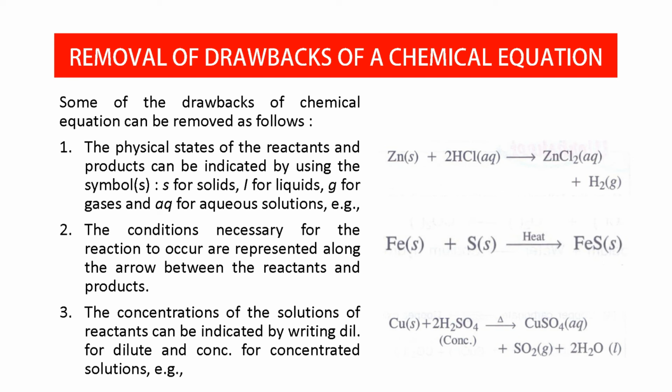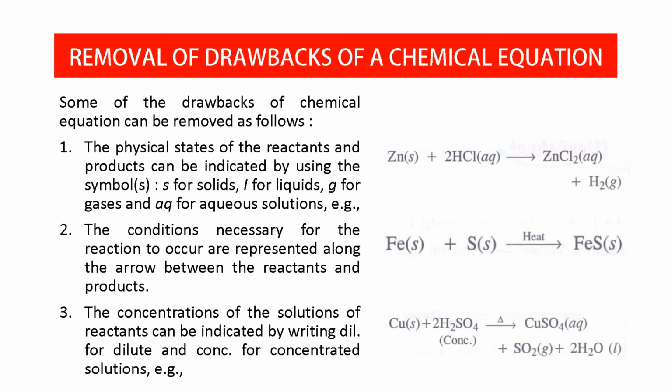The next drawback is the conditions necessary for the reaction to occur, which are represented on the arrow between the reactant and product. In the last slide we have seen that we can't mention the condition in a chemical reaction. So to come out of this drawback, we can write the condition on the arrow.